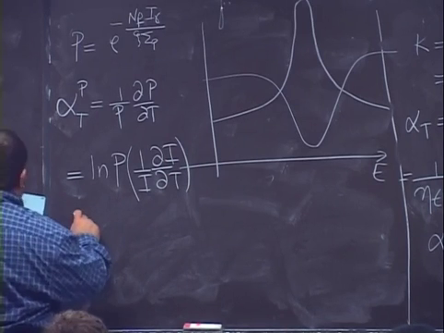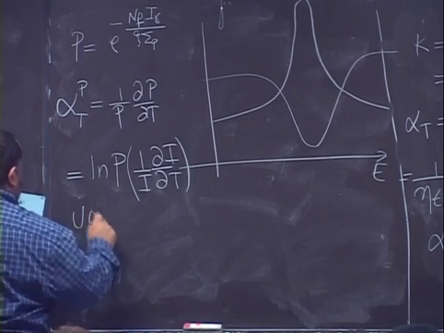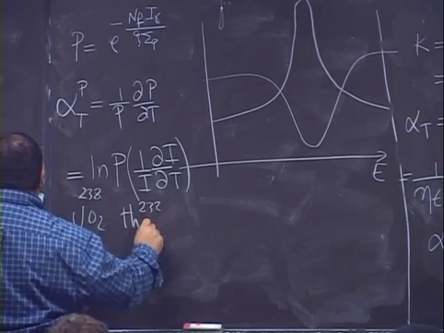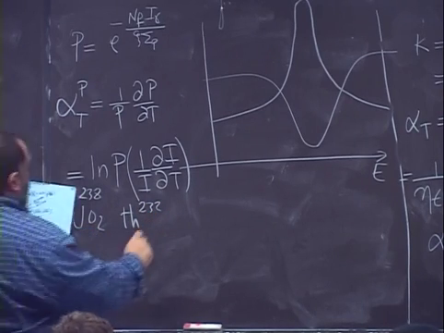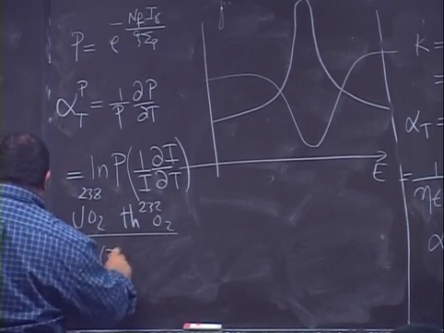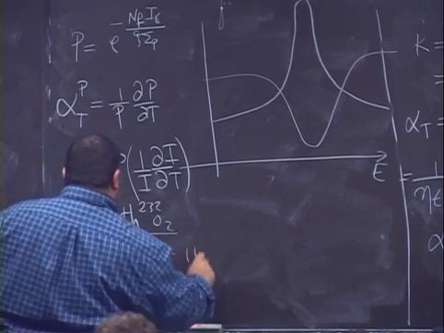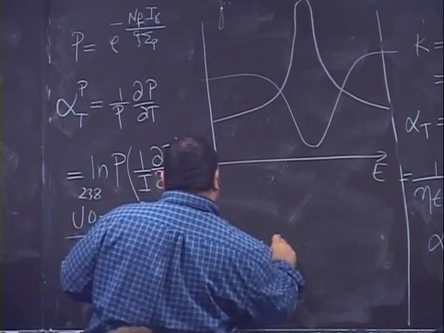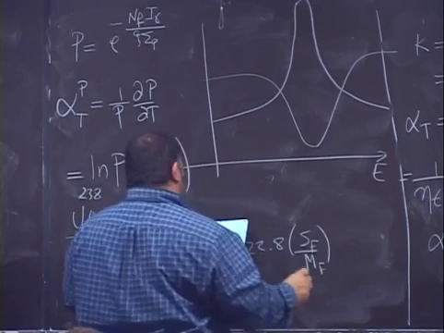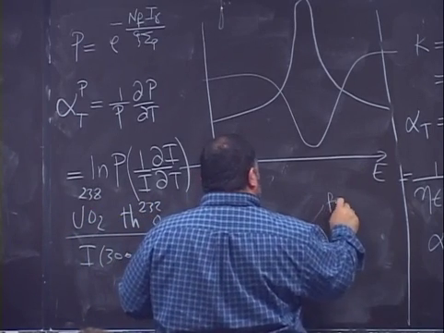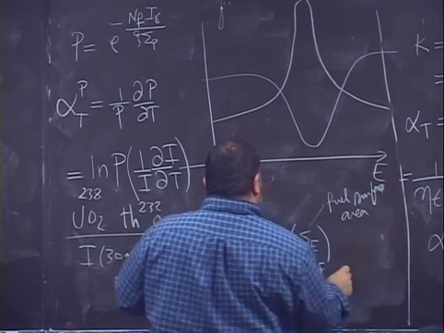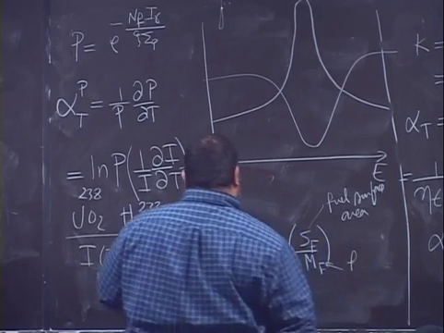For uranium oxide fuel, UO2 with uranium 238 and thorium 232 oxide, the resonance integral at 300 degrees Kelvin is given by 11.6 plus 22.8 S_F divided by M_F, where S_F is the fuel surface area and M_F is the fuel mass.